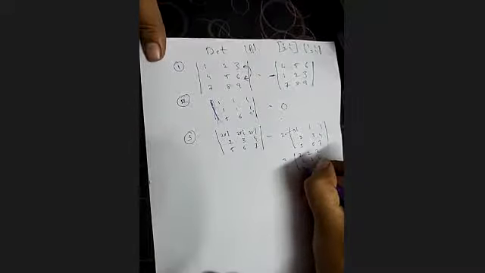If I multiply it with one row, then it will be 2, 2, 2, 2, 3, 4, 5, 6, 7.